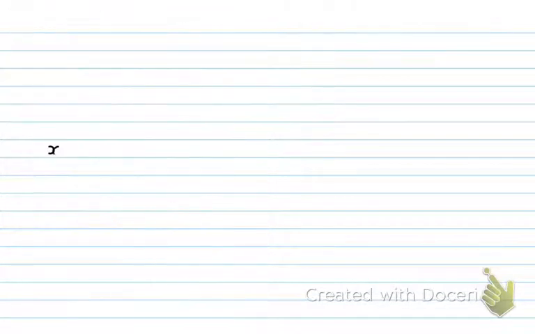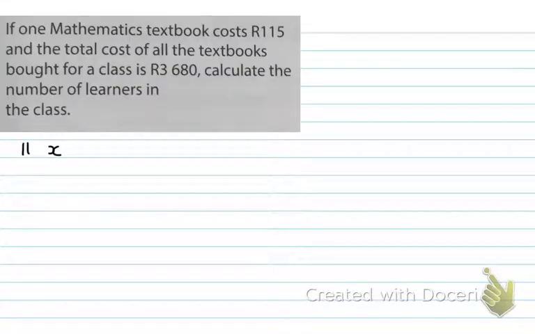Okay, next we have, if one mathematics textbook costs 115 Rand and the total cost of all the textbooks bought for a class is 3,680 Rand, calculate the number of learners in the class. So we paid 115 Rand for one textbook. So the number of textbooks is x.